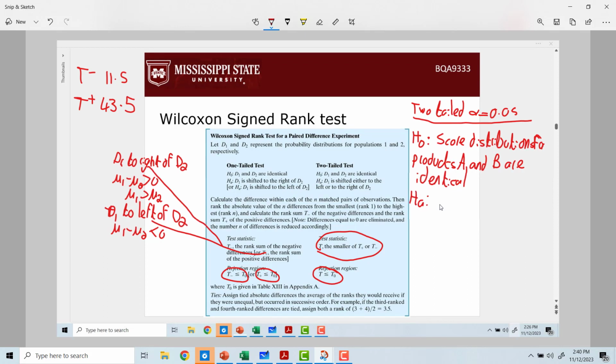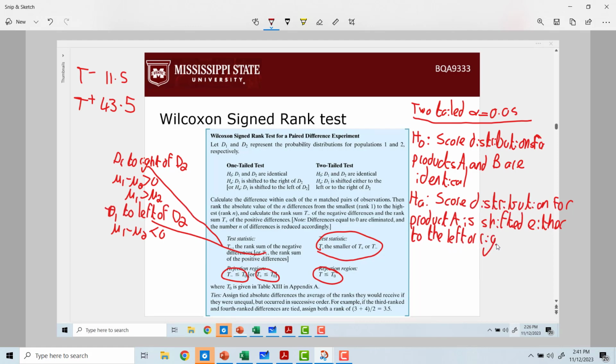And HA is that the score distribution for product A is shifted either to the left or right of the score distribution for product B.